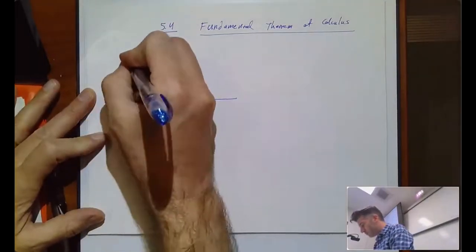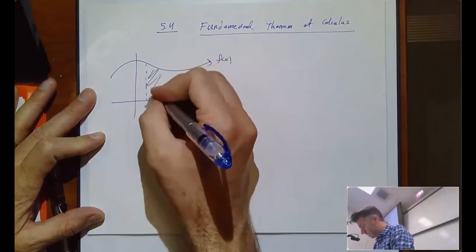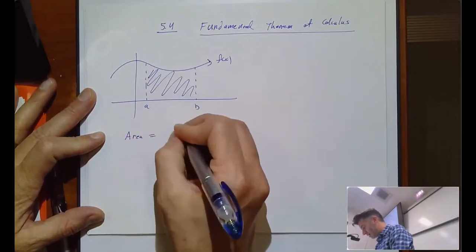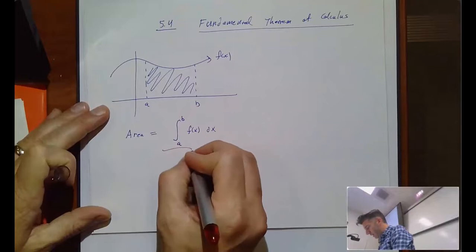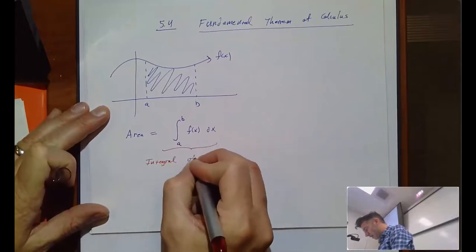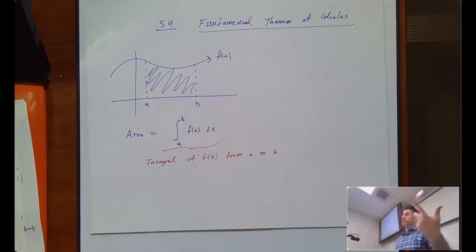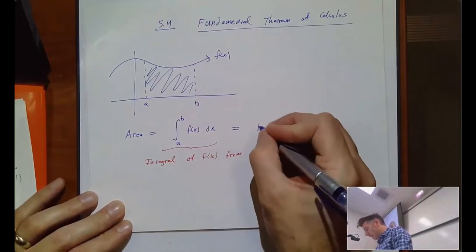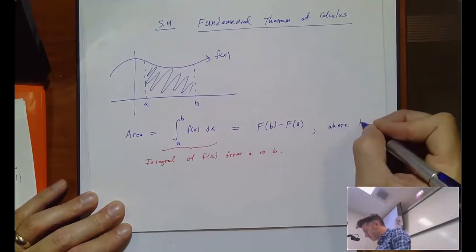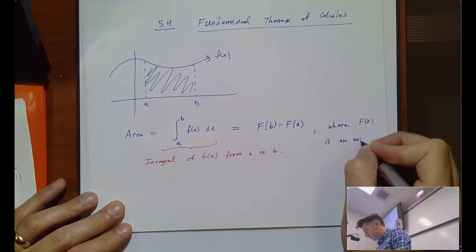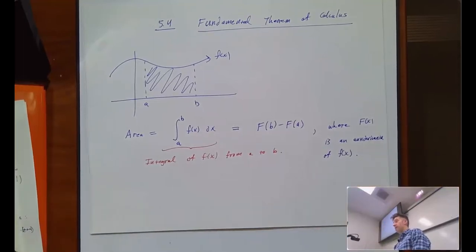If you've got some function like this, f of x, and you want to find the area under the curve from A to B, then we can say that that area, which we typically write as the integral of f of x from A to B with respect to x, that's what the dx is, is going to equal capital F of B minus capital F of A, where capital F of x is an antiderivative of little f. That's the whole shebang. That is the fundamental theorem of calculus, part 2.